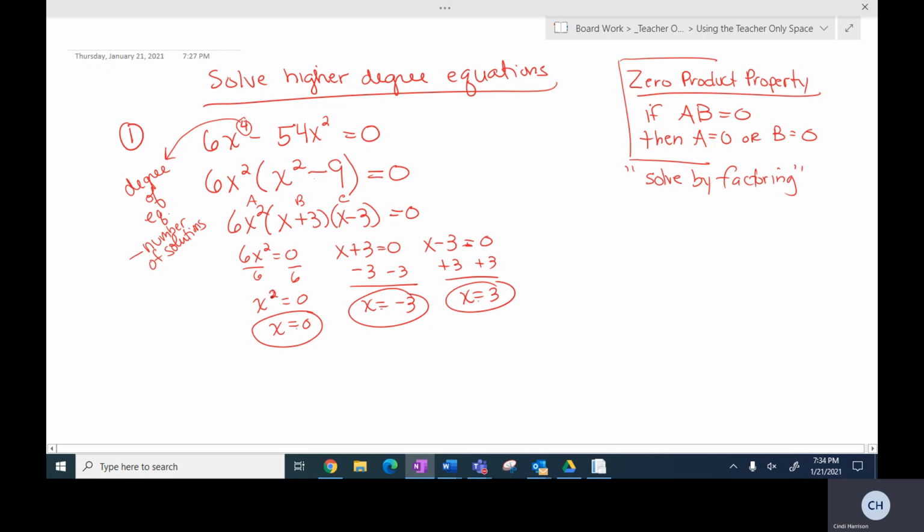If you notice this x squared, that means we get this same answer twice. In other words, I could rewrite this as x times x equals 0 and then say x equals 0 and x equals 0. It's called a double root. Of course, we don't actually have to list it as an answer twice, but we want to understand that it counts twice when we're thinking of the number of solutions. That piece might make more sense to you later, but I wanted to bring it up.